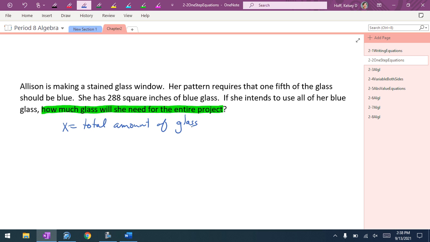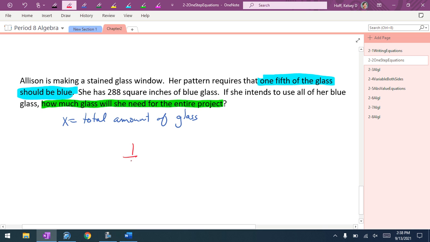Allison's pattern requires that 1/5 of the glass should be blue. She has 288 square inches of blue glass. The phrase 1/5 of the glass should be blue writes your equation, agreed? 1/5 is a fraction.